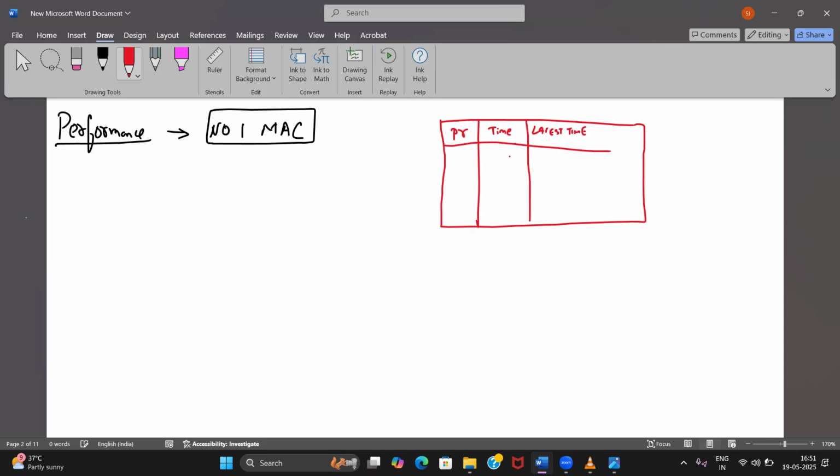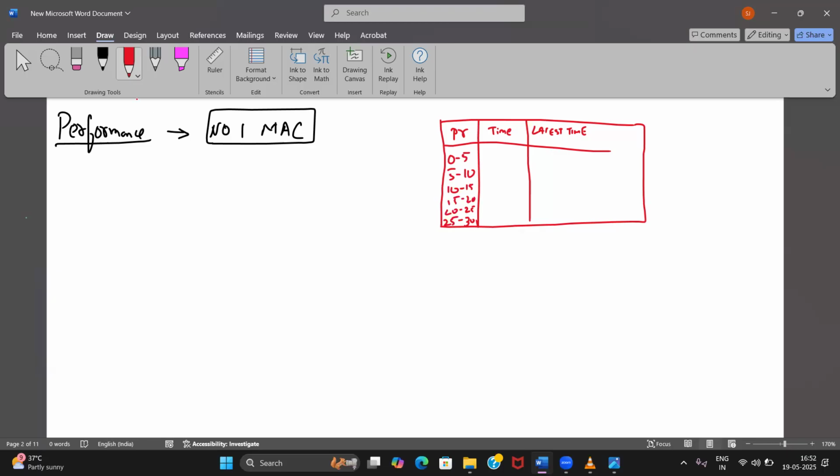It will be written 0 to 5 bar, how much time it took, 5 to 10 bar, 10 to 15, 15 to 20, 20 to 25, 25 to 30.